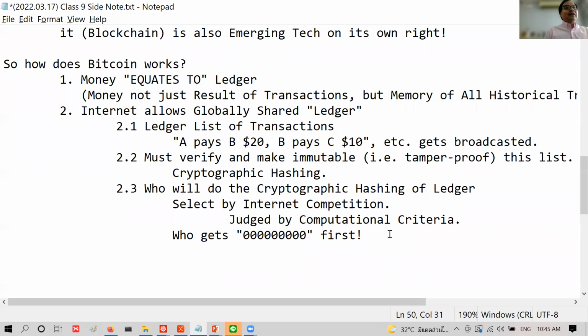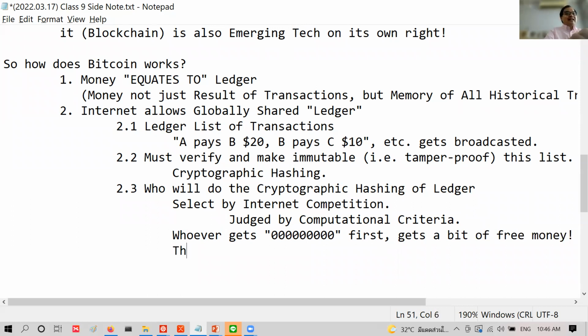Who does the handling? Whoever gets so many zeros first gets a bit of free money, and this is called Bitcoin mining. Okay, so think about it.